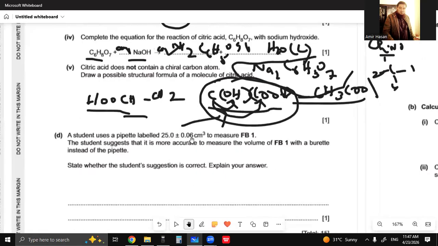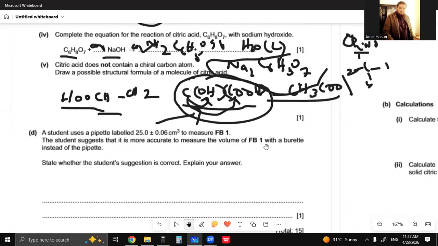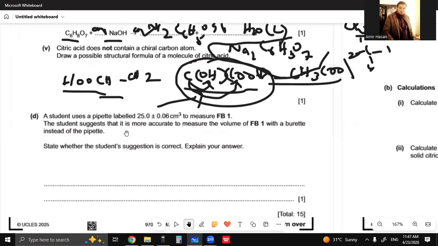But he's saying when he is using a burette instead of the pipette, the student suggests that it is more accurate to measure the volume of FB1 with a burette instead of a pipette. Why? There is an accuracy form. Why is there an accuracy form when we are taking the reading with the burette?